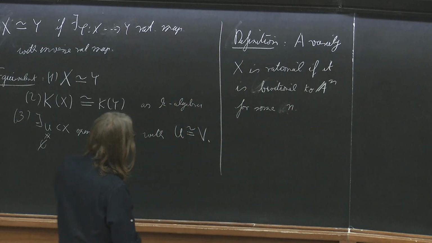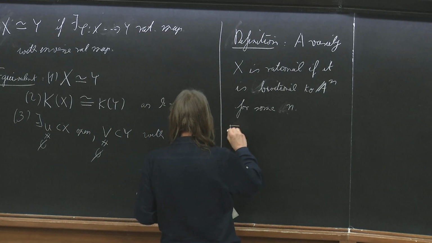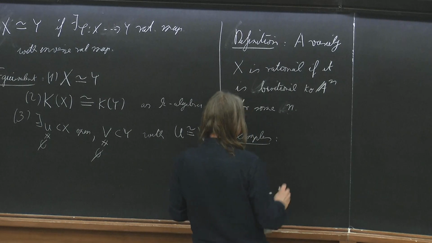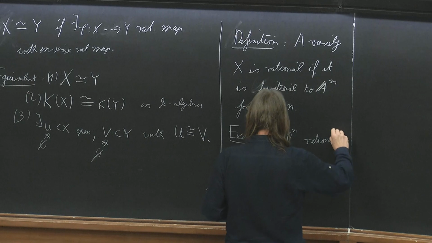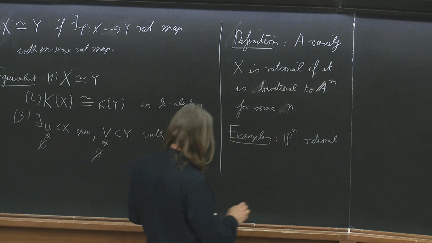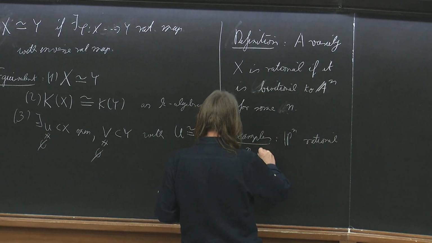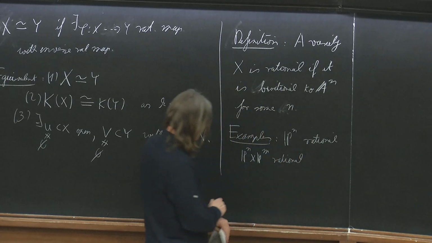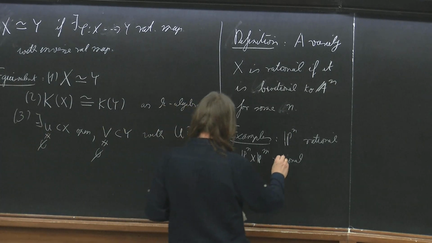So examples would be: P^n is rational because it contains A^n as an open dense subset. Then a product of projective spaces is also rational. You know, it contains A^n times A^m as an open dense subset.